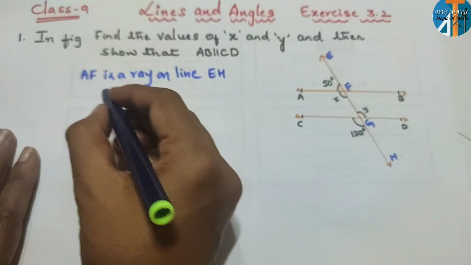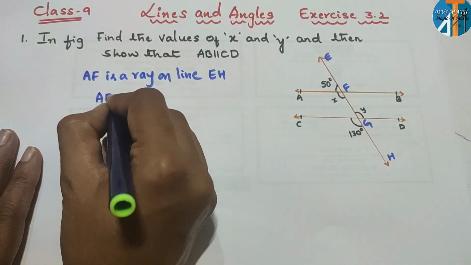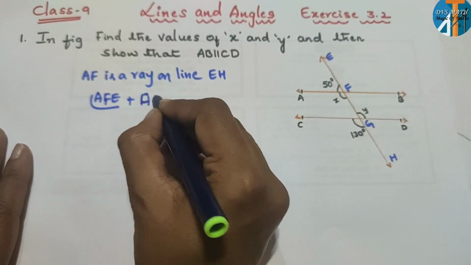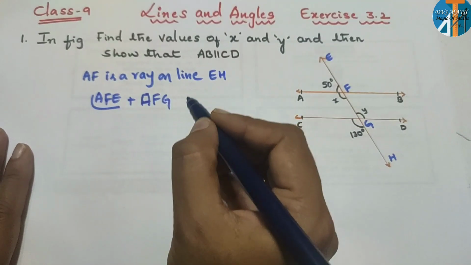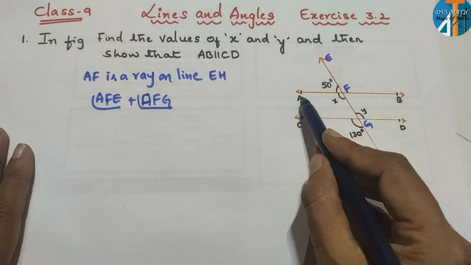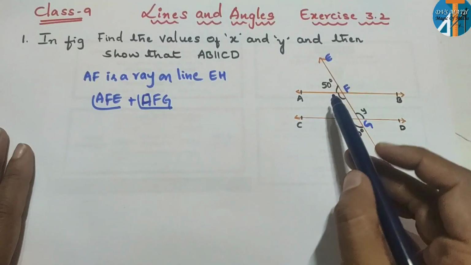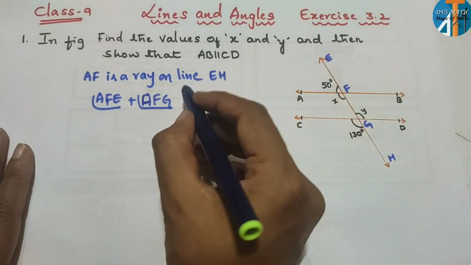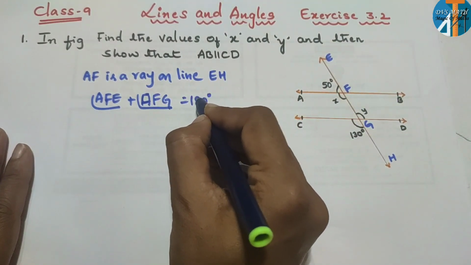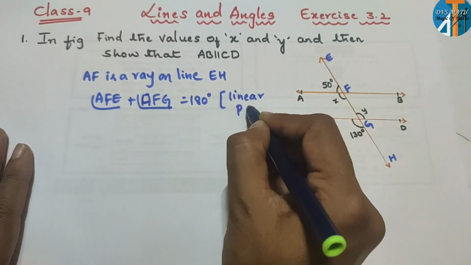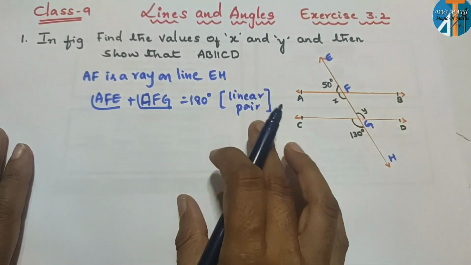Let us consider AFE and AFG. Clearly observe angle AFE and angle AFG. If you add these two angles, it is equal to 180 degrees because this is a linear pair. So you will write linear pair as the reason.